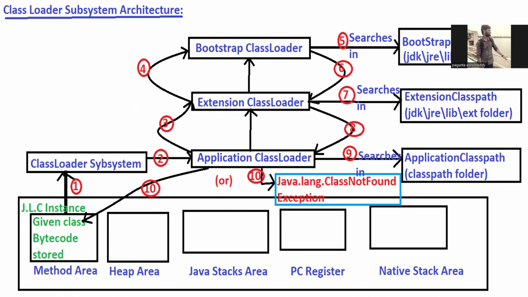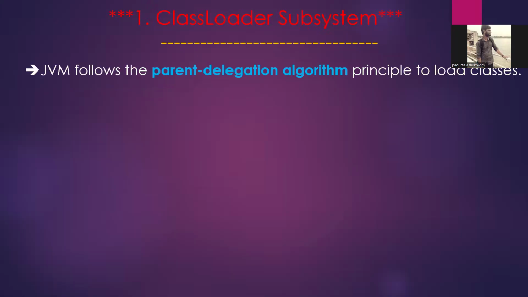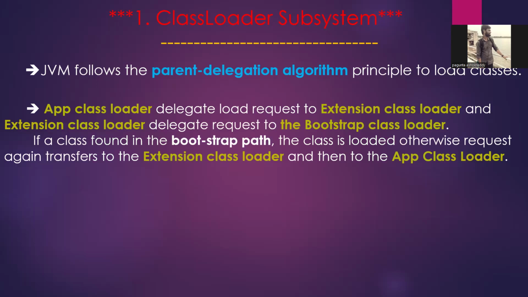Then next. As I already told you, the JVM follows the parent delegation algorithm principle to load classes. The application class loader delegates the load request to the extension class loader, and the extension class loader delegates the request to the bootstrap class loader. This is the parent delegation algorithm.